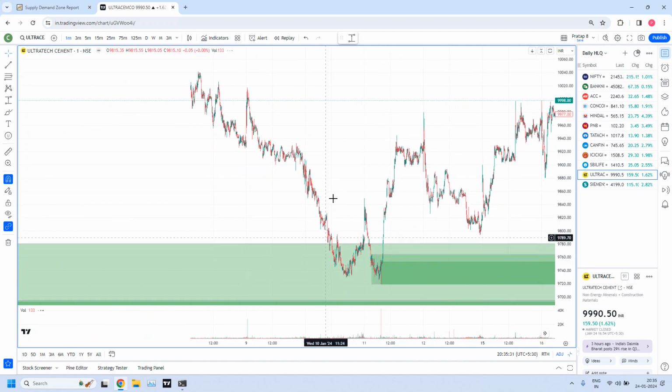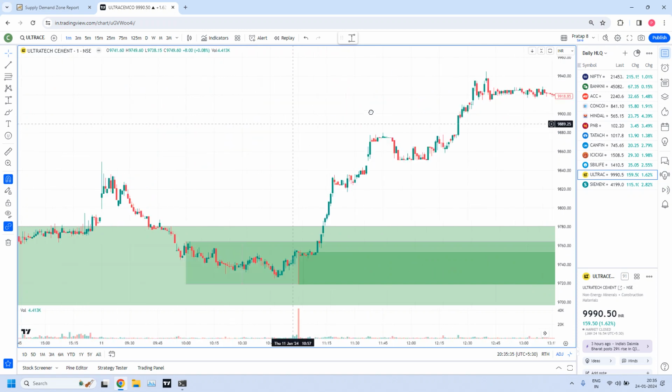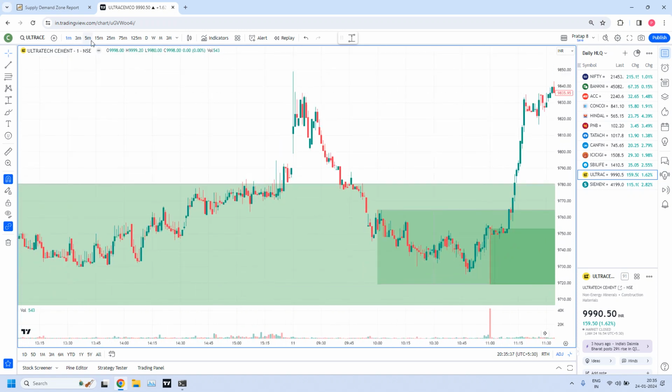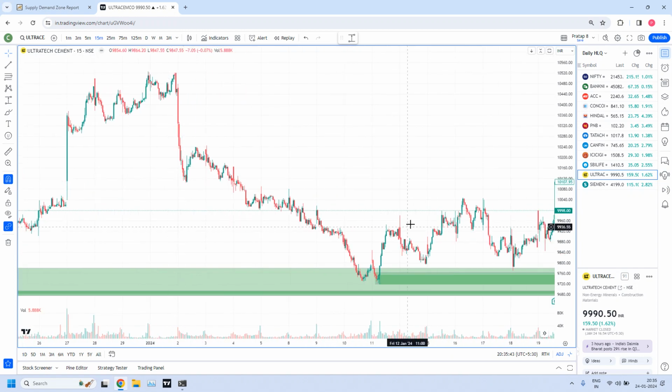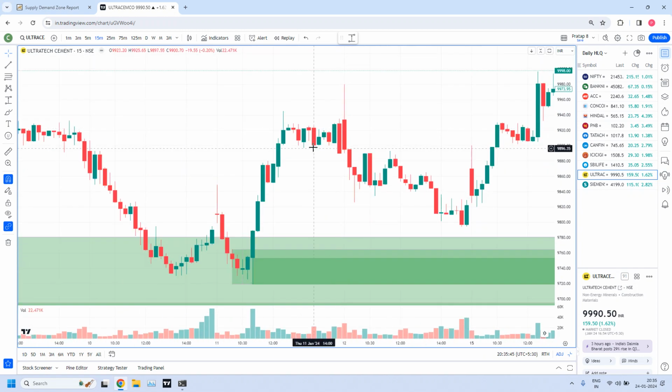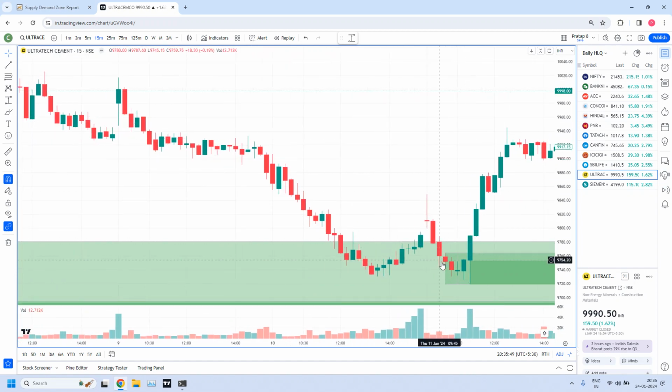And this is the area where the prices last entered this zone, at the 15 minutes time frame. See here we have a drop candle, 1, 2, 3, 4 base candles and a rally candle.